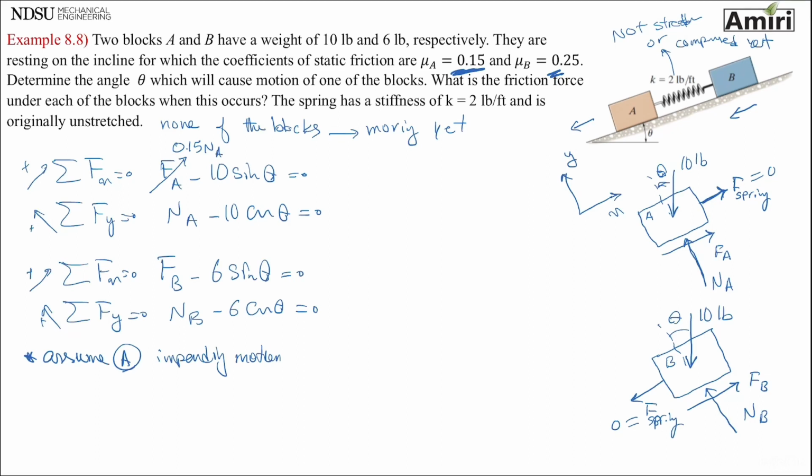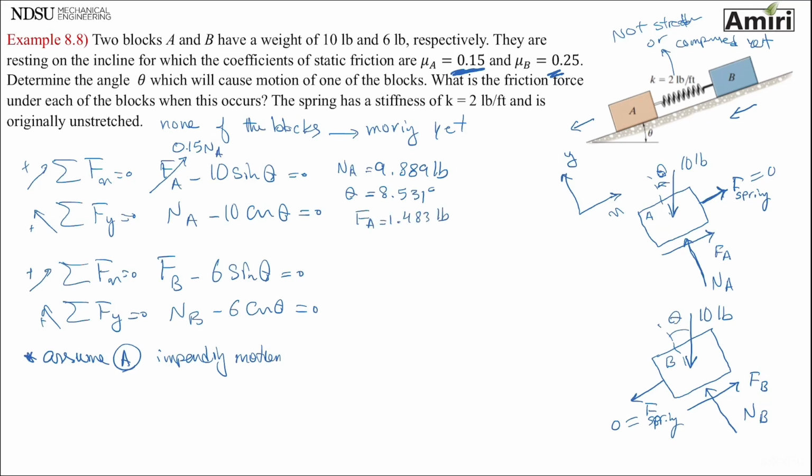Yeah, and that's it. So then from here, I have NA of 9.889. I get theta of 8.531. I get FA of 1.48.